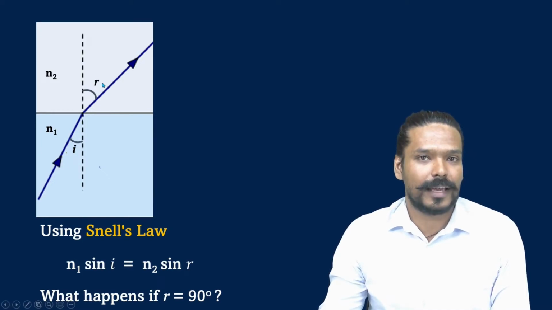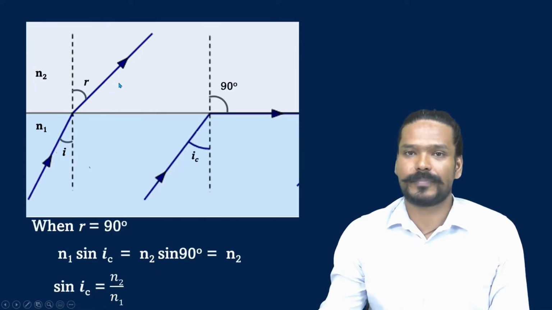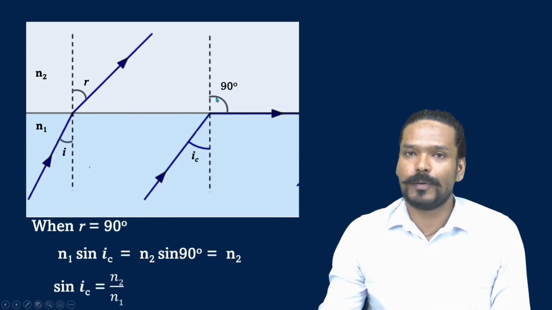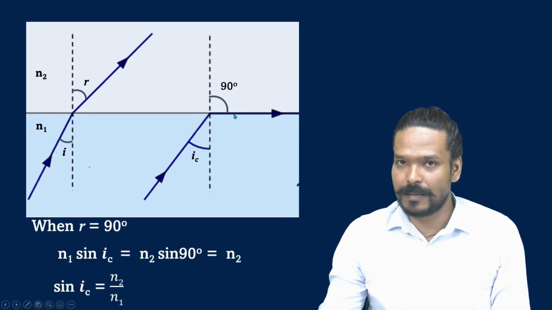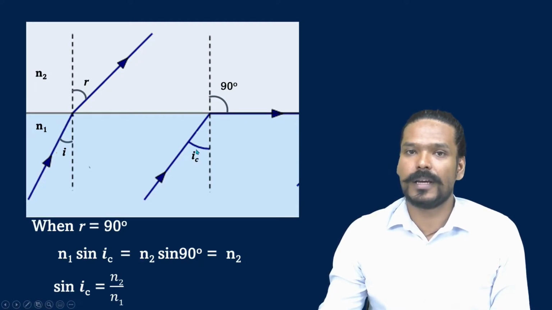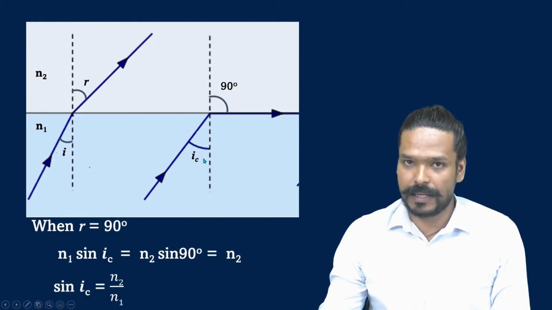Now, what happens if R becomes equal to 90 degrees, right? See this picture here. So, when the angle of refraction becomes 90 degrees, that is, the refracted ray just grazes over the interface, we say that the angle of incidence in the denser medium is the critical angle. So we can say the incident angle is equal to the critical angle.